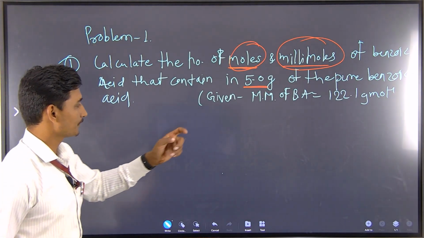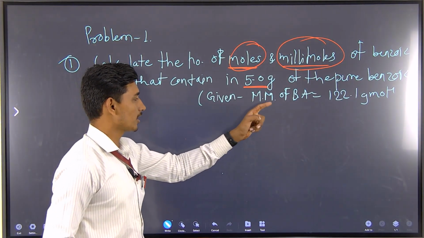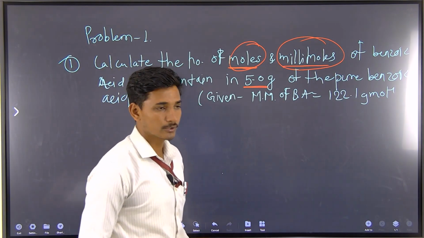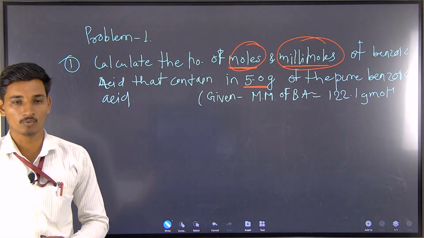Here given is the molar mass of benzoic acid, that is 122.1 gram per mole.